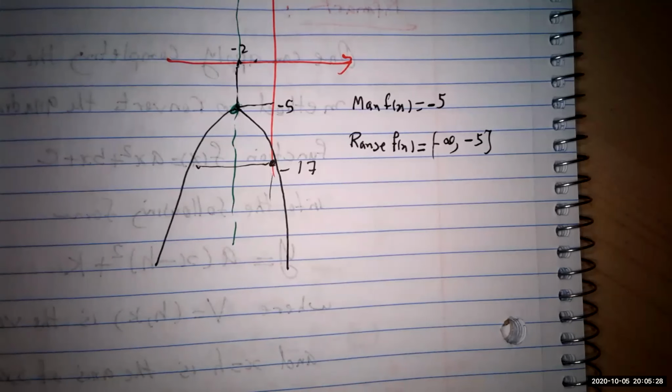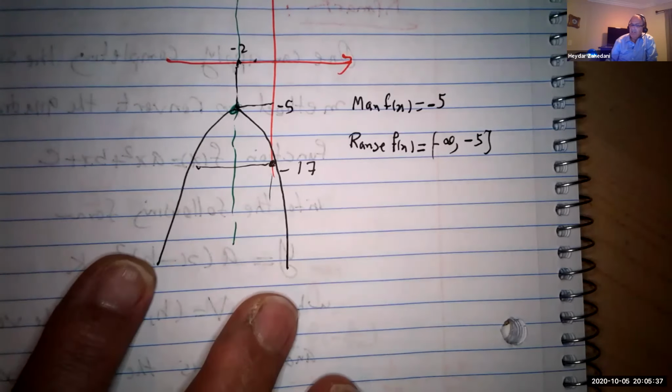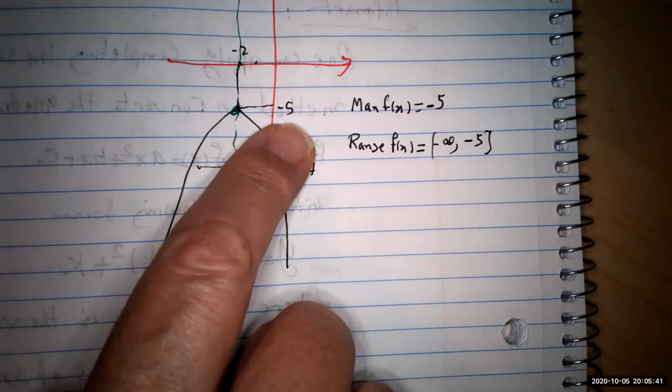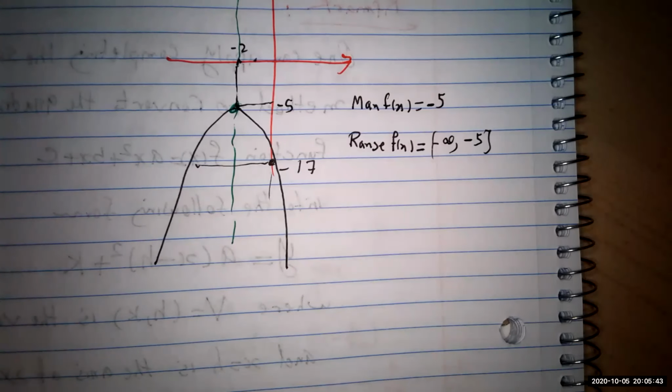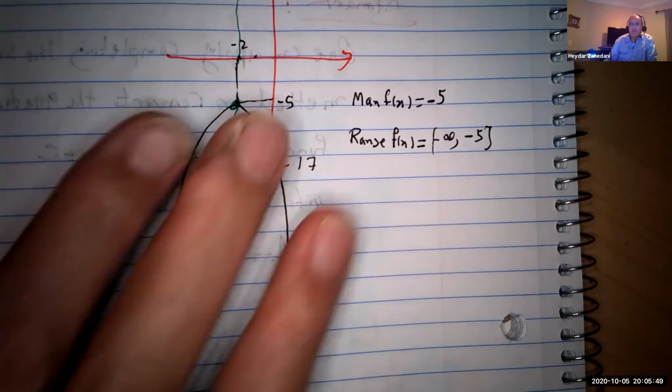Because we sketch the graph, the part that we are interested in must be clearly identified. This graph is curving down, and the maximum is -5. Identify these points, and that would be enough.